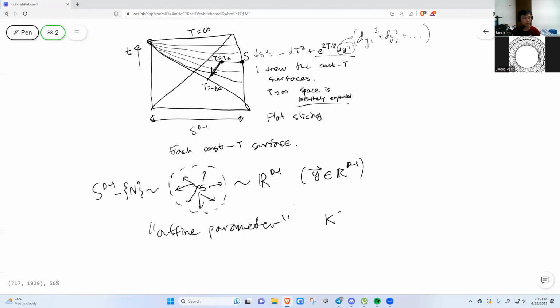affine parameter. We're going to call it lambda, and the velocity vector we will call k. The affine parameter is defined such that along this null geodesic we have nabla_k k equal to 0.